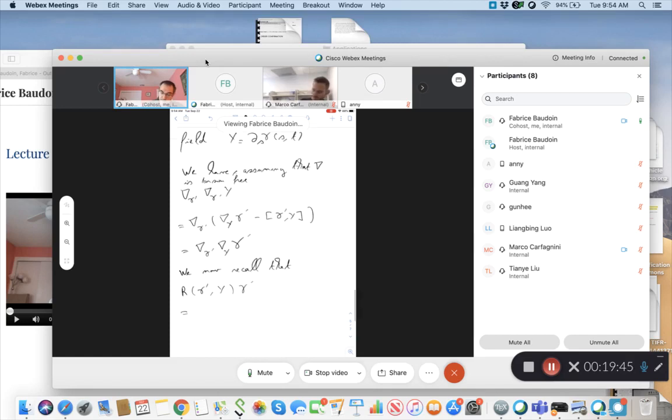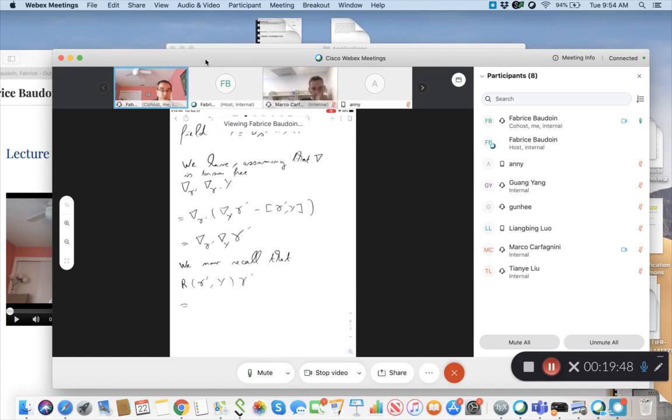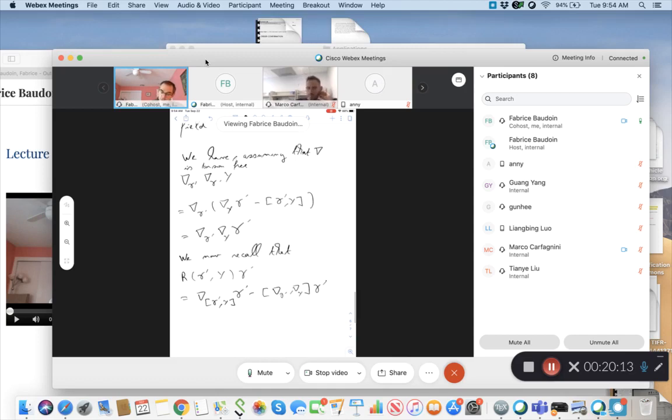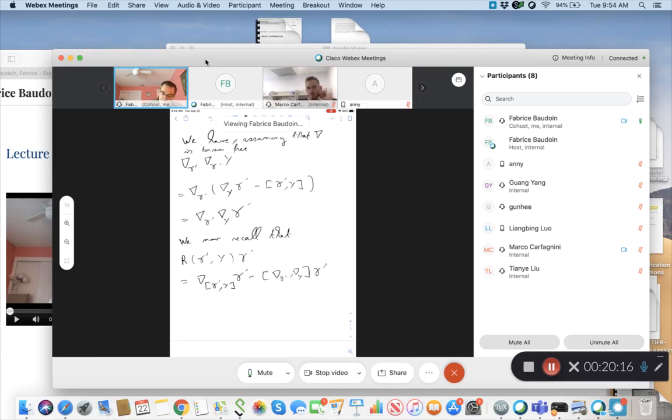In that case, by the definition of the curvature tensor, this is equal to nabla gamma prime nabla y of gamma prime minus nabla y nabla gamma prime of gamma prime, minus the Lie bracket of gamma prime and y applied to gamma prime. In this expression of the curvature tensor, a lot of stuff is going to cancel because the first one is 0 from the commutation principle. So I'm just left with the nabla terms.